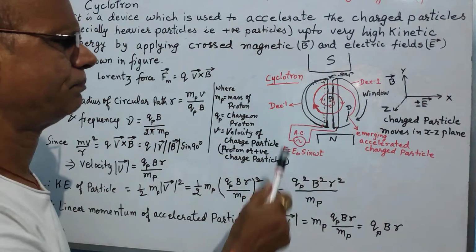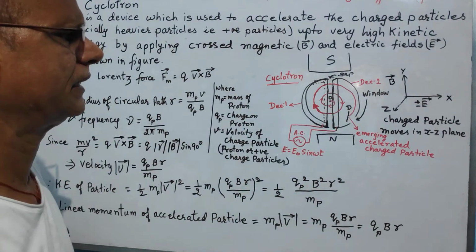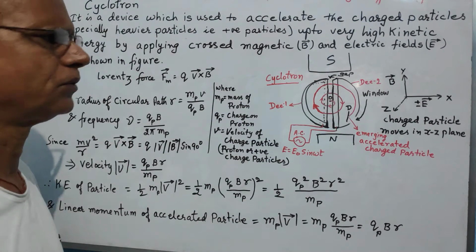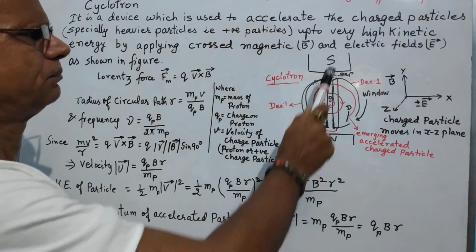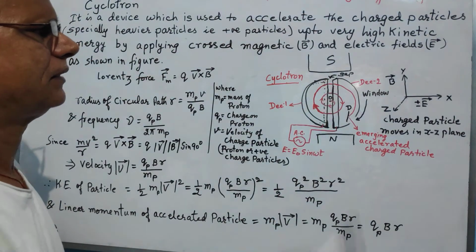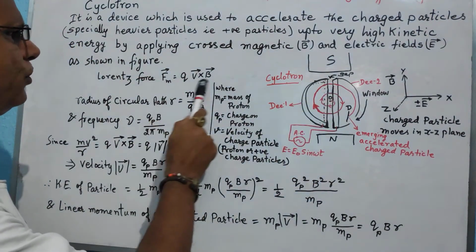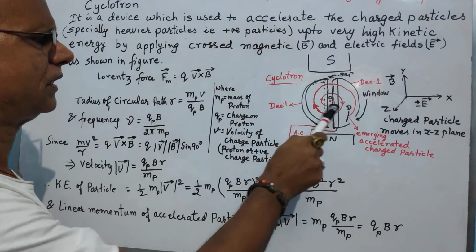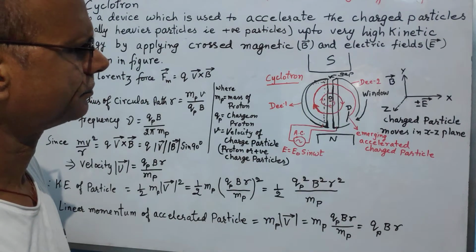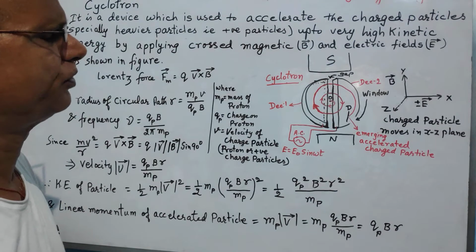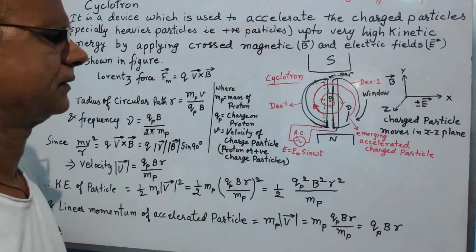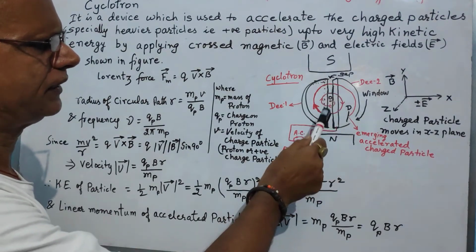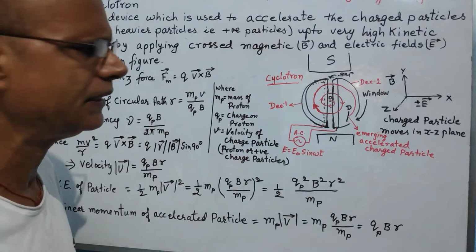Once it reaches into the D area, meaning it reaches the cavity part of the tiffin box, what happens? Now no longer does an electric field exist, because we know that the electric field inside a conductor is always zero, but the magnetic field is there, and due to the Lorentz force acting on the moving charged particle, this charged particle will be forced to move in a circular path, and it keeps moving till it reaches the gap of the D again.